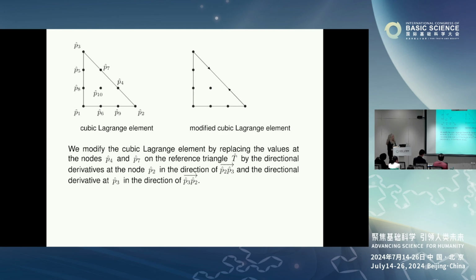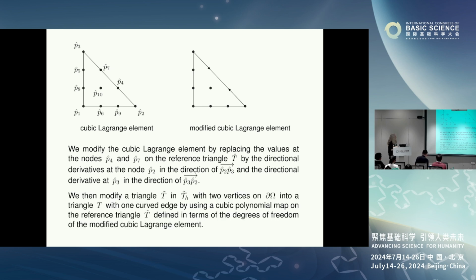First, we modify P4 and P7, represented by the solid dots, by the directional derivatives at the nodes P2 and P3 that are represented by these arrows. We then modify a triangle T tilde in Th tilde with two vertices on the boundary of omega into a triangle T with one curved edge by using a cubic polynomial map on the reference triangle that's defined in terms of the degrees of freedom of our modified cubic Lagrange element.